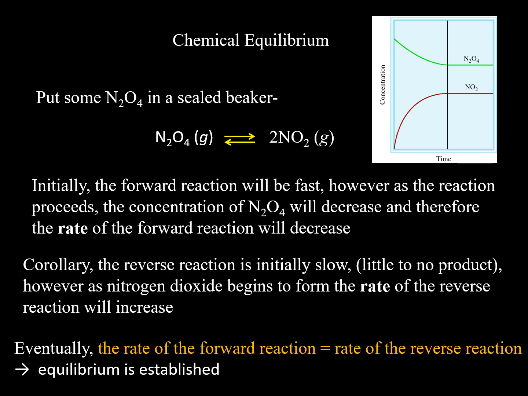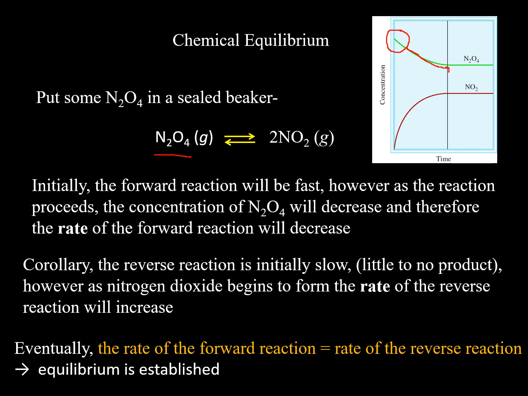So look at this example. Dinitrogen tetraoxide reacting to give NO2, nitrogen dioxide. If we put this N2O4 in a beaker, at time 0, we have a lot of N2O4, and over time, it's going to react to give us our NO2, so the N2O4 is slowly going to decrease.